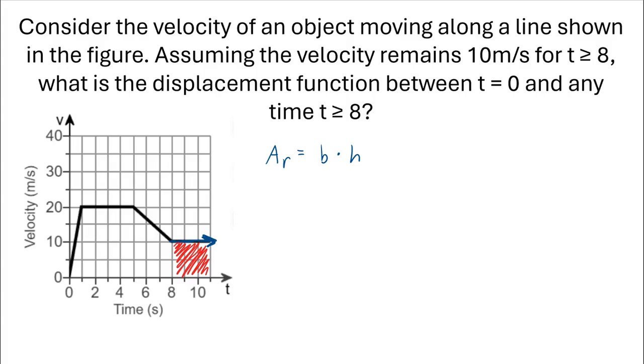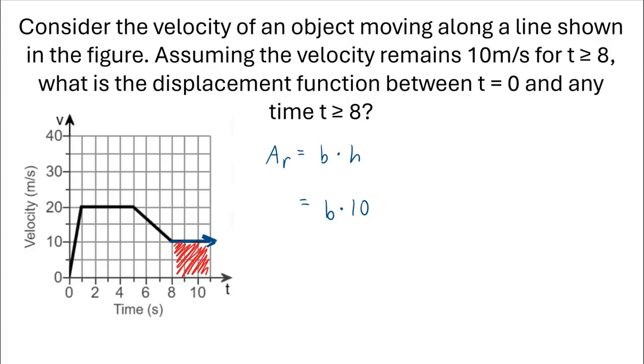So to find the formula for this, we're going to use the formula for a rectangle. The height of that rectangle, no matter how far we extend on the t-axis, will always be 10. So we have base times 10. Now we need to come up with an expression to represent the length of our base. To do that, let's just look at the length of the base for the shaded area that we have here from when t equals 8 to t equals 11.